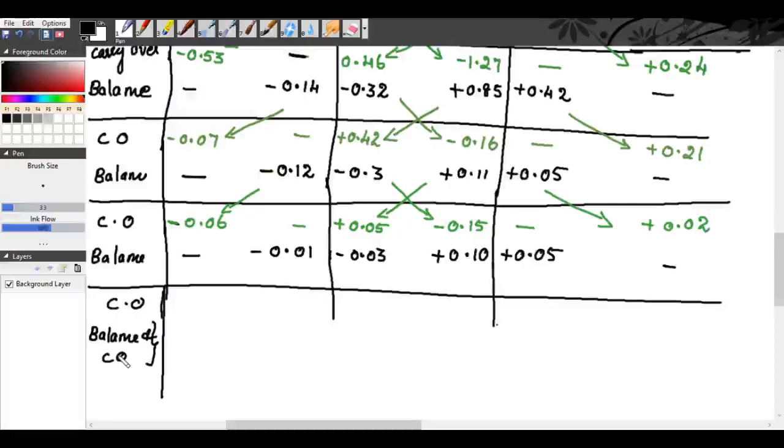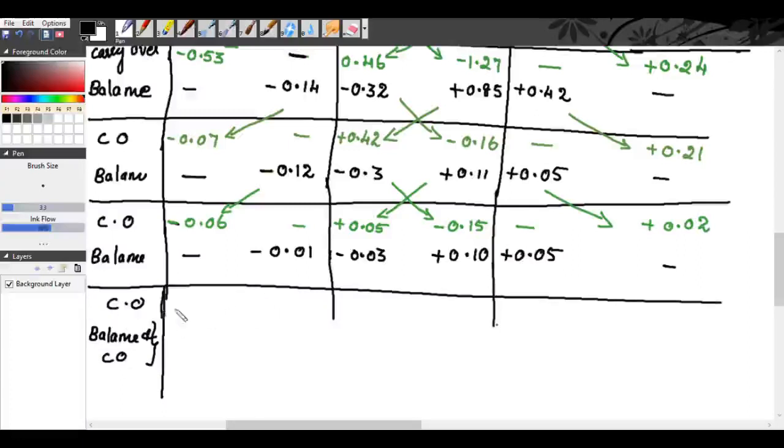In order to get more accurate results, you can go for more iterations, 10 iterations, 15 iterations, etc. But 5 is okay. If you don't have time while writing the university exam, you can stop with 3 or 4 also. There will be some little error.